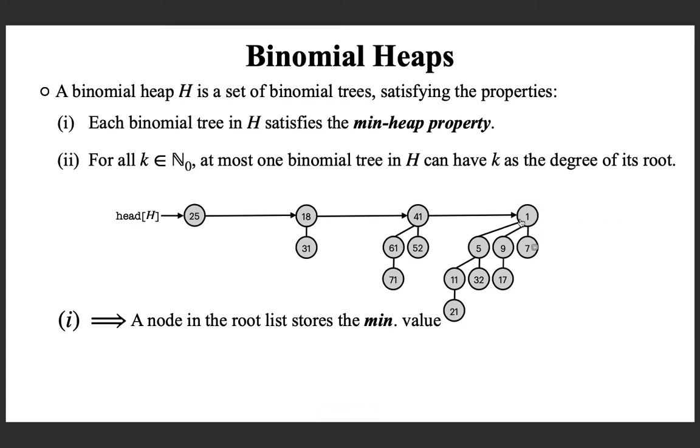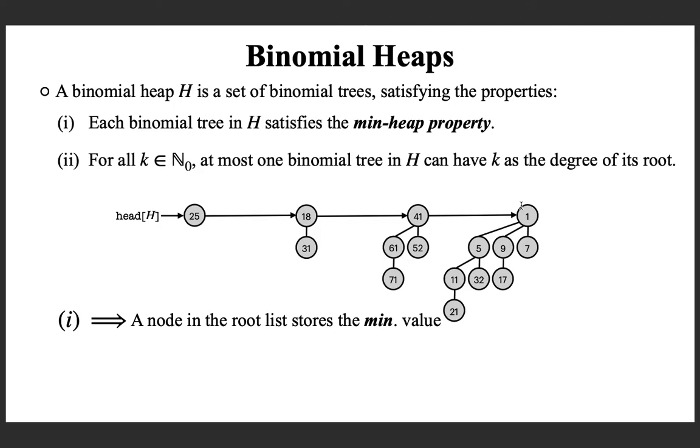And why is it guaranteed? Because the minimum among all these values is here, and the minimum among all these values is in this node, and here it is vacuously true, only one value. So definitely one of the root nodes in the linked list must contain the minimum value among all the nodes. Here there are 15 nodes and the minimum value is 1.